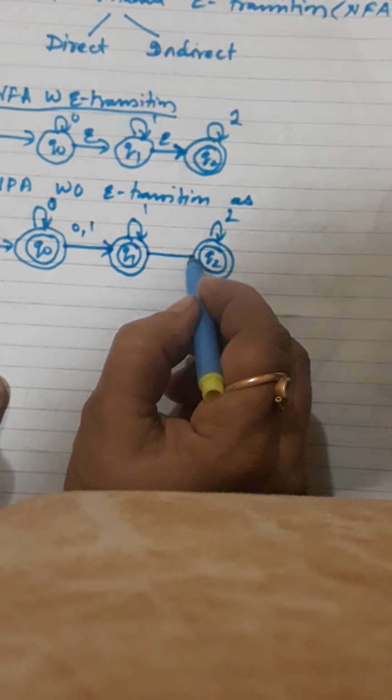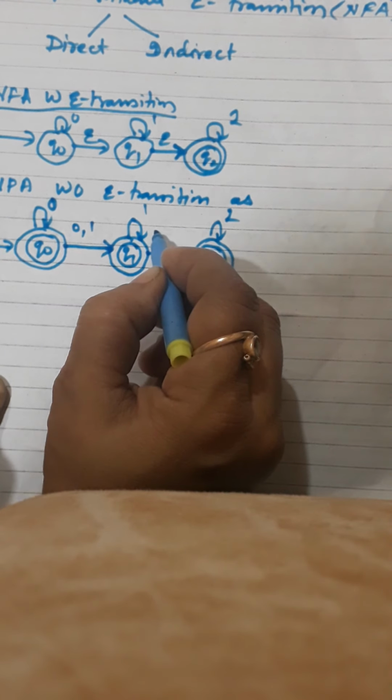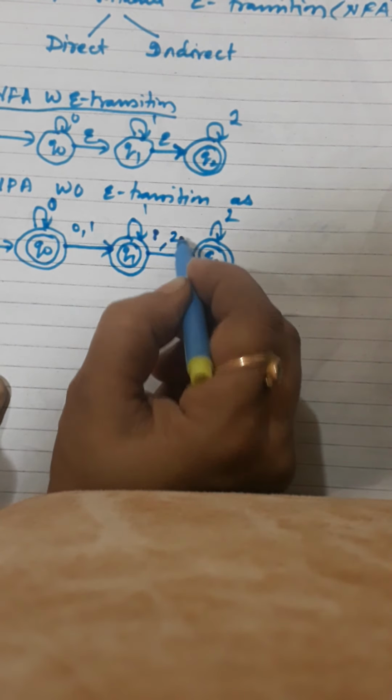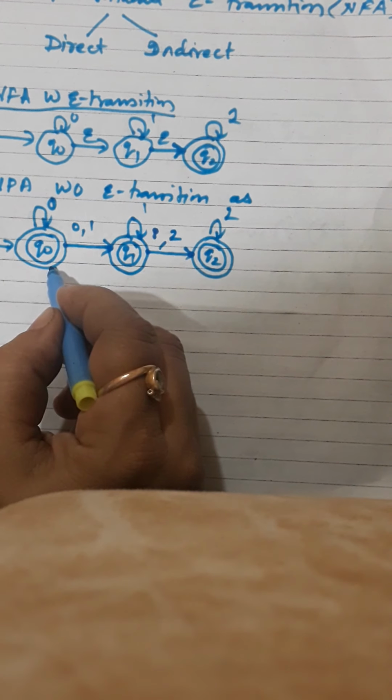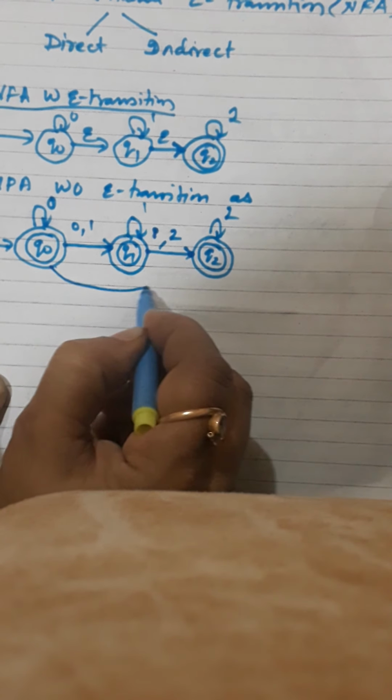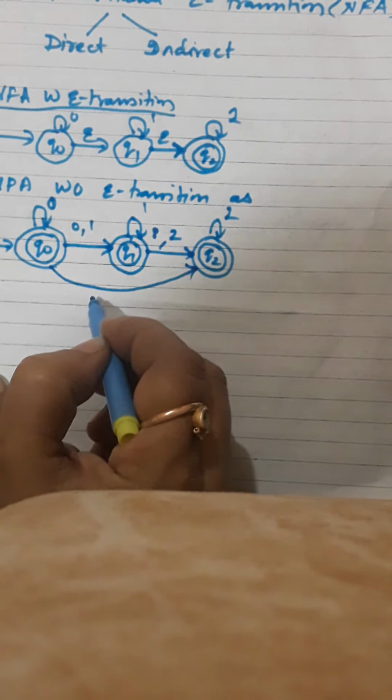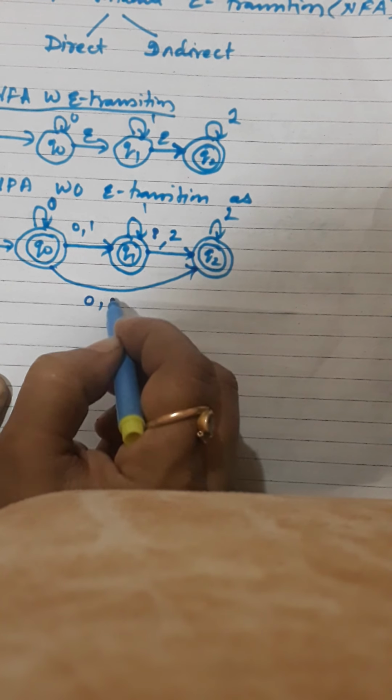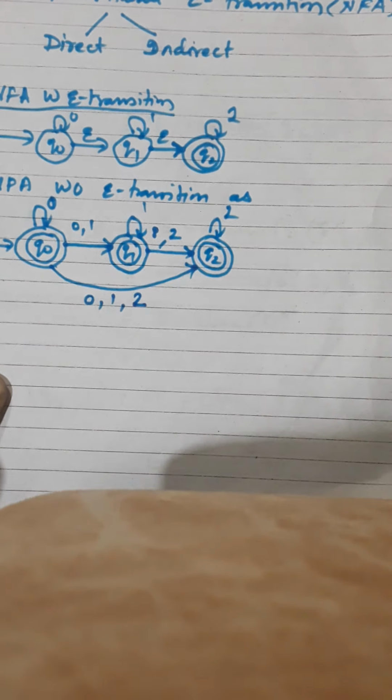From Q1 we can move to Q2 with 1 as well as 2, and Q2 has a self loop with either 0, 1 or 2. So this was our NFA without epsilon transition.